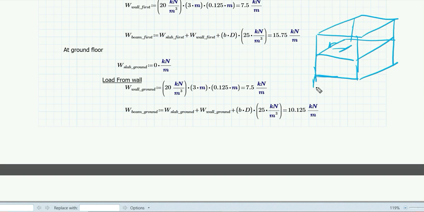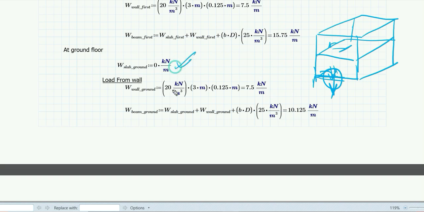There is no RCC because the load is directly resting over the soil. So whatever load is coming to the ground floor is directly going to the soil. So this load is not going to transfer to the beam. So there will be no load from the slab, as all the load is going directly to the soil.